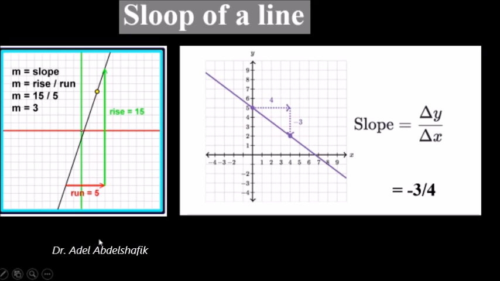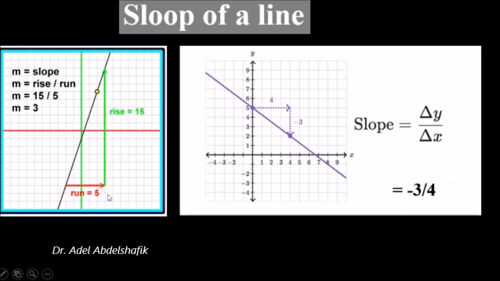What is the slope? If you have some line changing, where this is the time and this is the value, and as we go over time the value becomes less, then the slope is this value divided by this value. So in our example here, it's -3 because the line is down, divided by 4.